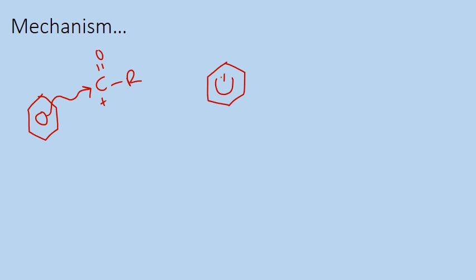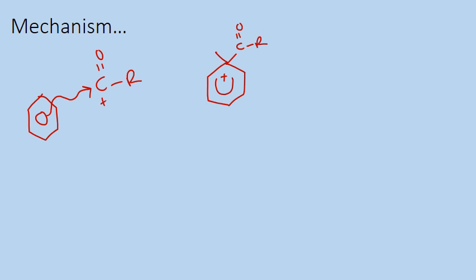So once we've formed our required electrophile using our Friedel-Crafts, which is our acyl group, it's the same electrophilic substitution mechanism that we've seen twice so far in this video. The ring of electrons will attack that positive carbon. We get an intermediate that's very unstable because that ring has been broken.